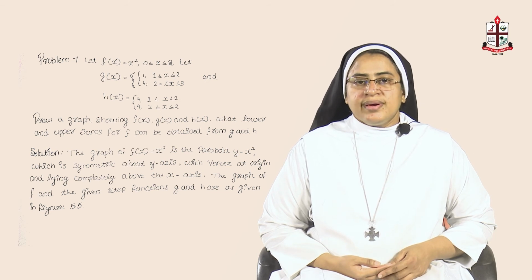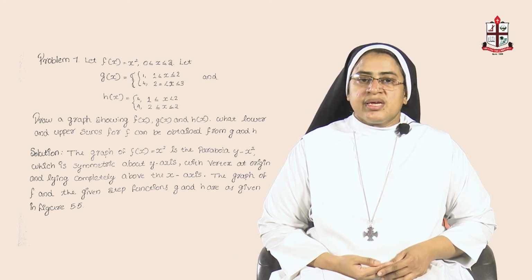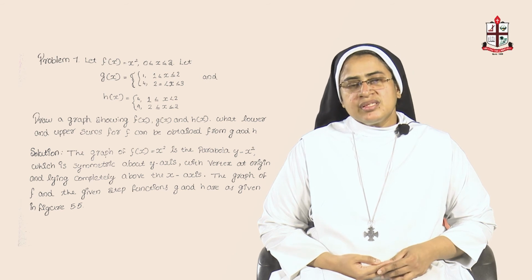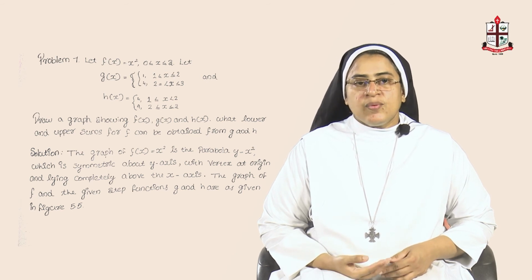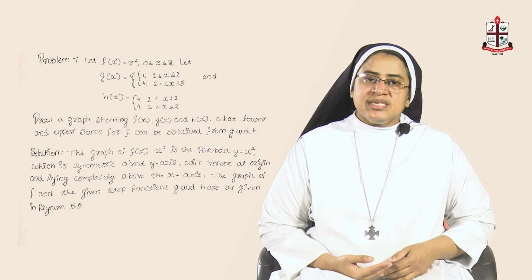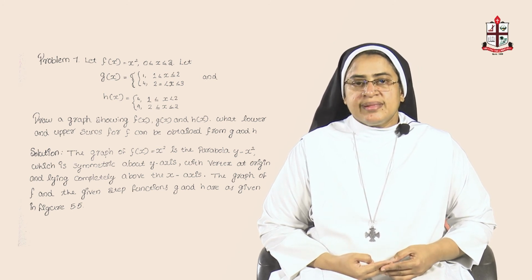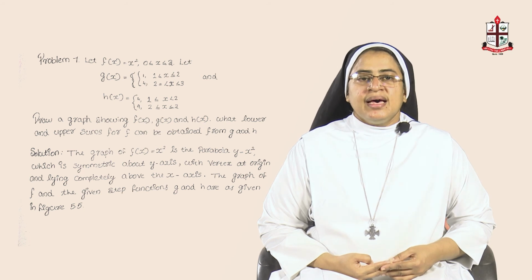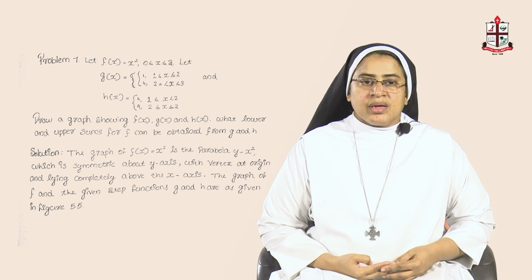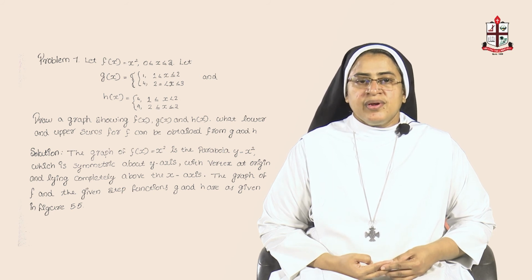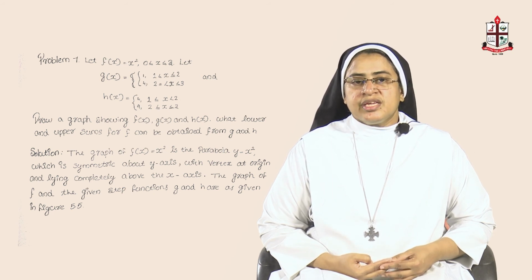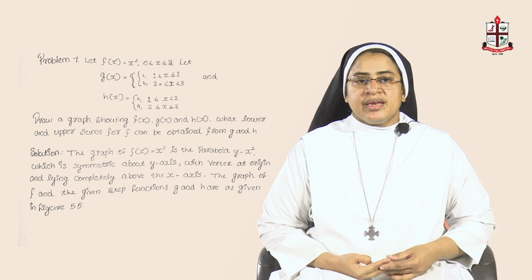Now, for the solution, you are given f of x equals x square, which means y is equal to x square, which is symmetric about the y axis with the vertex at origin and lying completely above the x axis. The given step functions g and h are given in the figure.